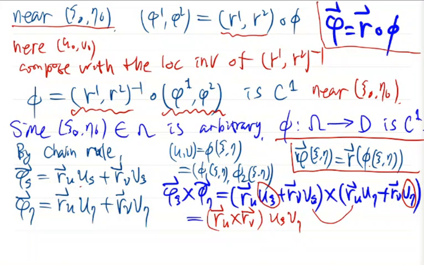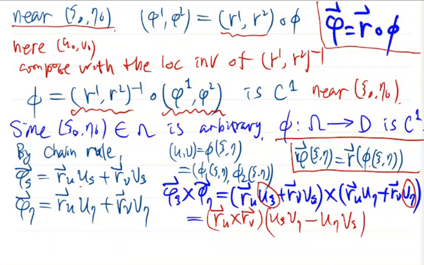On the other hand, these two terms, Rv cross Rv, give 0. So we only have this term, Ru cross Rv times minus u_η v_ξ. So the result is minus u_η v_ξ.